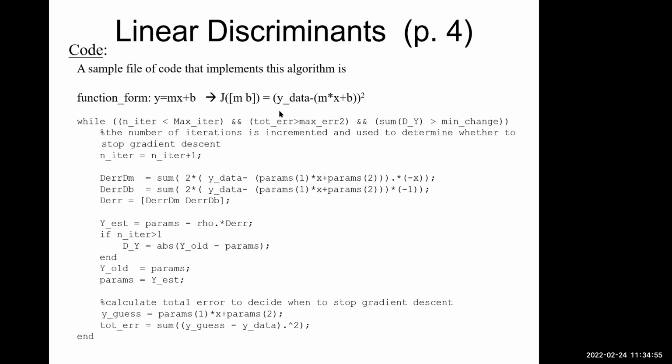Which then means we can come back up here and say, have we taken too many steps? Is our error small enough? Did we make a big enough change? If we're not changing, we're going to stop.